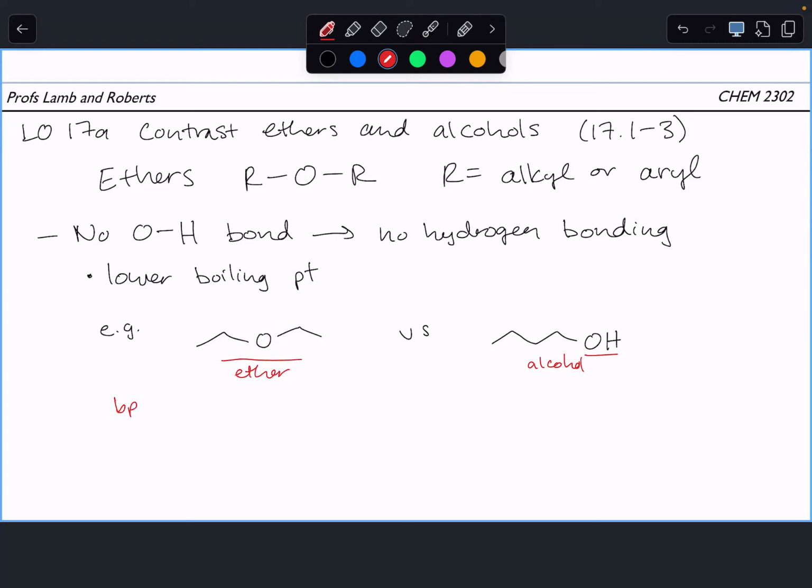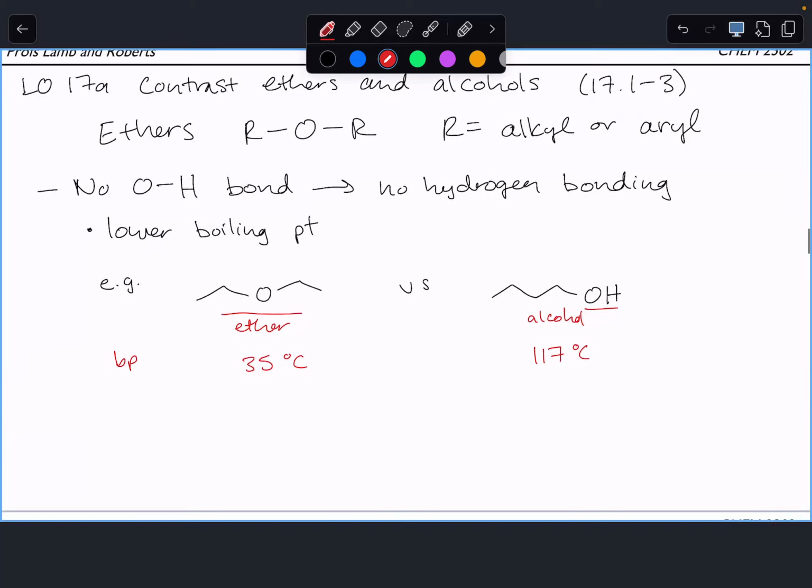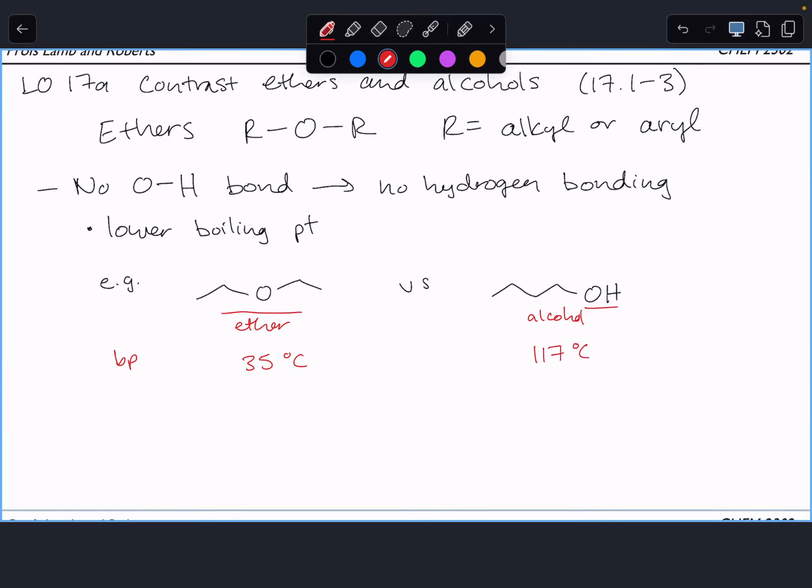The boiling point of this ether is about 35 degrees C, whereas for this alcohol with the same number of carbons, it's 117 degrees C. That's a huge difference, right? So that hydrogen bonding in the alcohol really, really raises that boiling point. That's very similar to what we talked about with thiols.